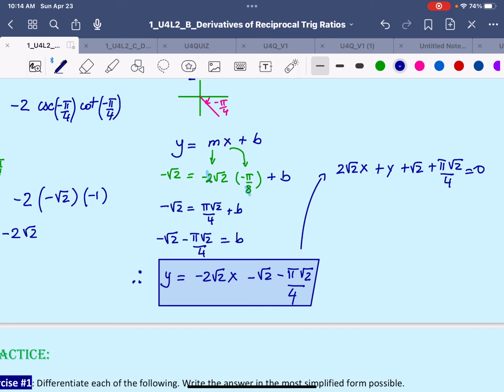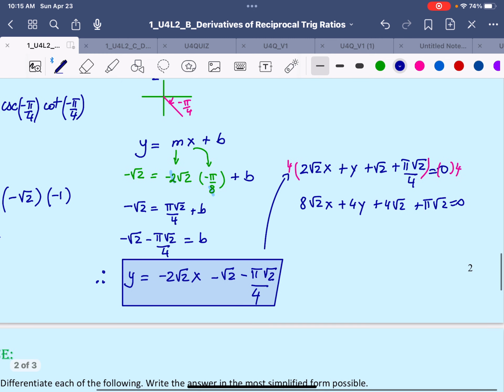We're going to make this fraction free. Because 4 is the denominator here, the lowest common denominator, we'll multiply every term on each side by 4, and that will give 8 root 2 x plus 4y plus 4 root 2 plus pi root 2 equals 0.